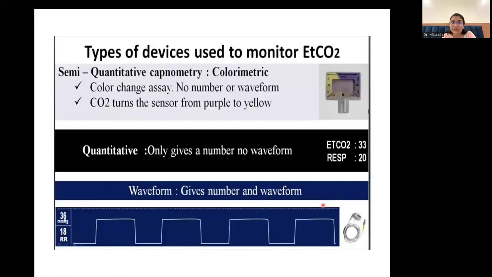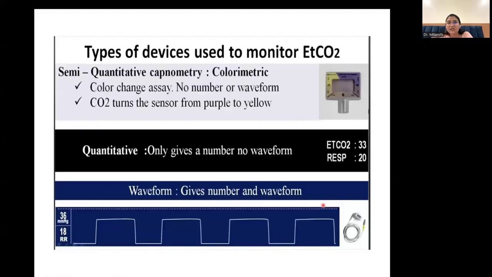Now we talk about the types of devices used to monitor EtCO2. One is semi-quantitative capnometry and the other is quantitative capnometry. In semi-quantitative, we are not getting a precise value, that is, the amount of CO2 that is exhaled out. But there can be a color change which will tell us if it is in a normal range or going to a higher range.